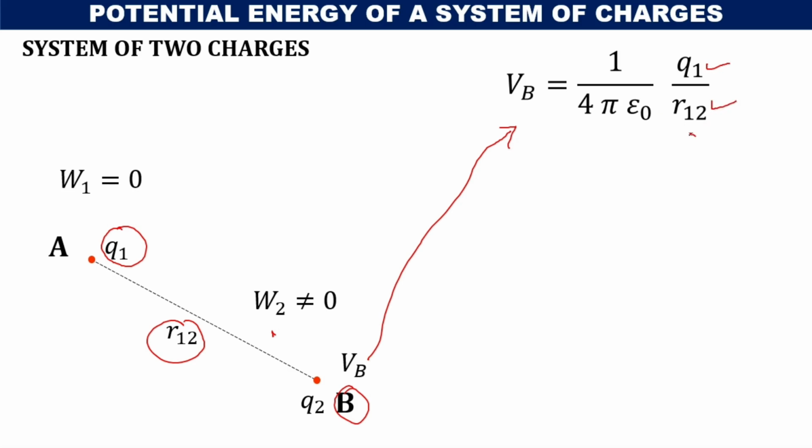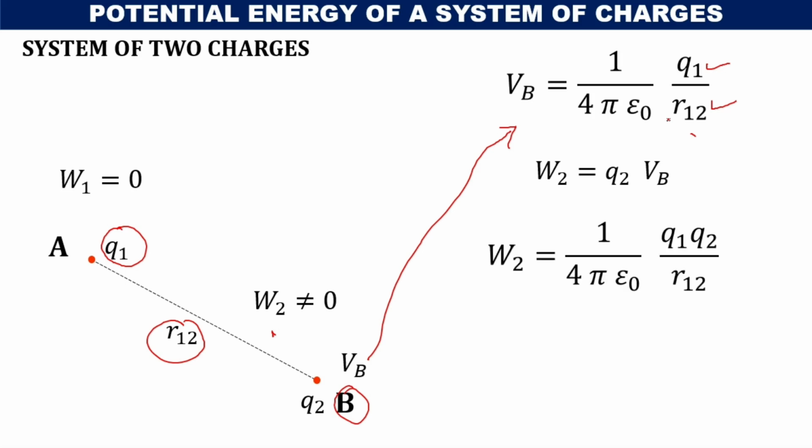Then, according to the definition of the electrostatic potential, the work done must be equal to the charge into the potential at a given point, Q2 into VB. When we substitute the VB value, we will get the expression for the work done W2 is equal to 1 by 4 pi epsilon naught into Q1 Q2 divided by R12.